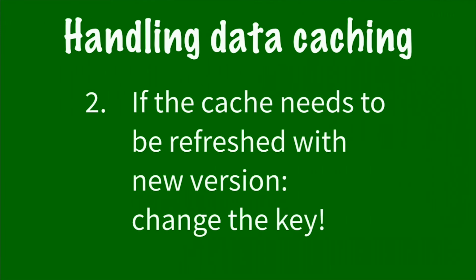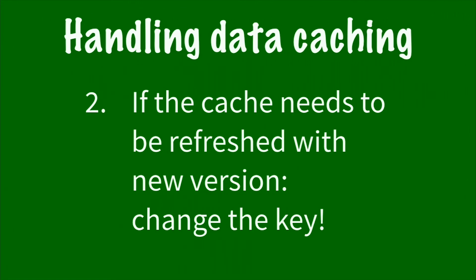And similarly to database migration, if you need to clear the cache, you can't synchronize cleaning the cache with the deploy because it's really hard to catch the same moment to clear the cache.